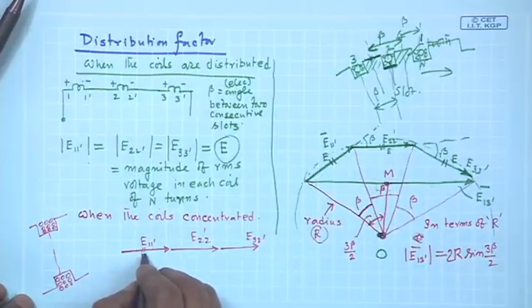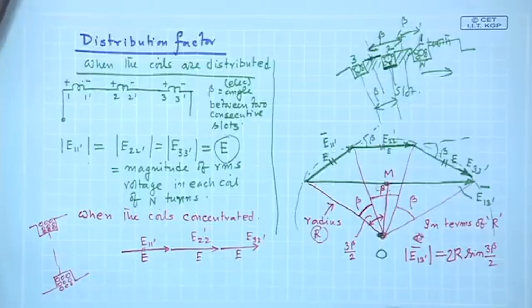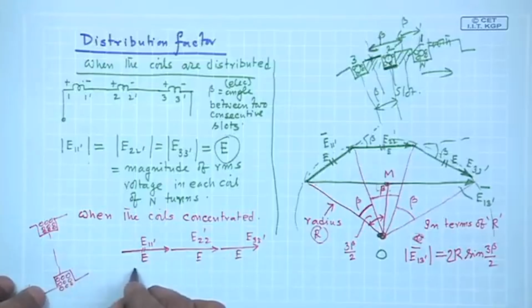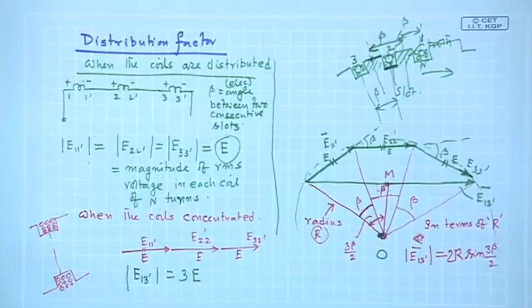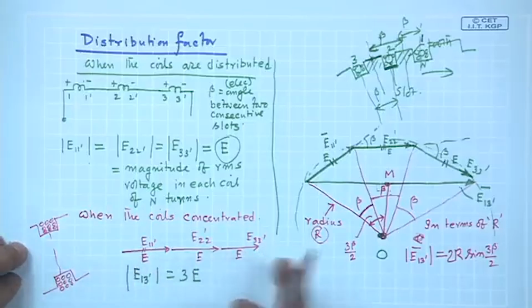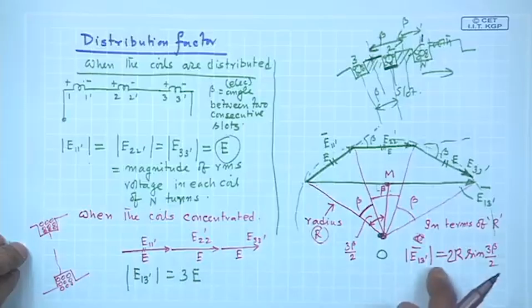So, this is E, this is E and this is E. Therefore, the resultant voltage in this case, E 1 3 dashed, the resultant of this 3, is nothing but 3 E. Therefore, I have been able to calculate the resultant voltage when the coils are distributed, this is the resultant voltage, and when the coils are concentrated, this is the resultant voltage.